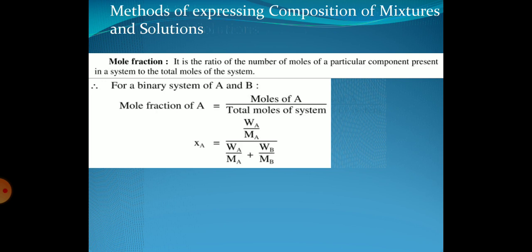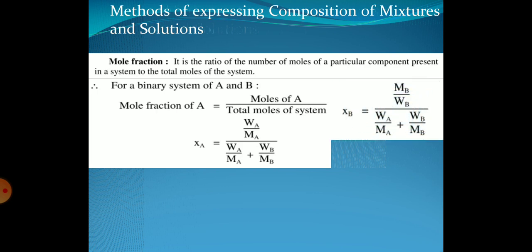The mole fraction of A is given by small x subscript A. So XA is called the mole fraction of A and is given by moles of A, that is WA upon MA, divided by total moles of system, that is WA upon MA plus WB upon MB. Similarly, for component B, the mole fraction of B, that is XB, will be equal to WB upon MB divided by WA upon MA plus WB upon MB, that is total moles of system. So XA and XB will be the mole fractions of A and B respectively.